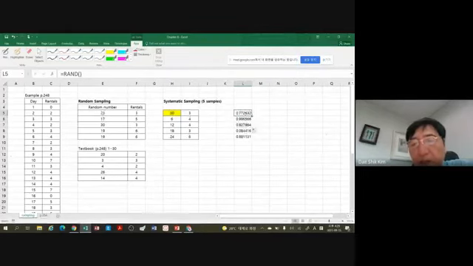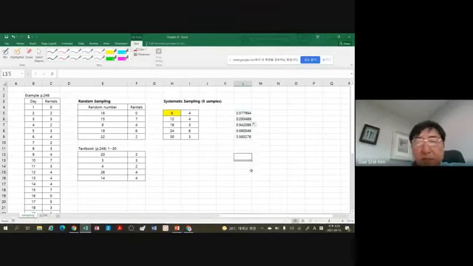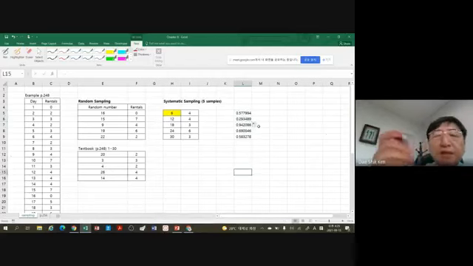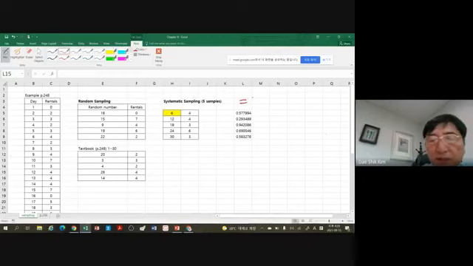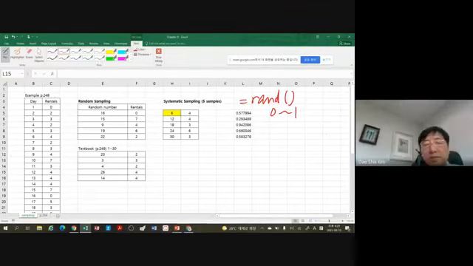If at least one changes, every 5 numbers will change at the same time. One changes, everything changes at the same time. That's RAND, the function RAND, open bracket, closing bracket, which generates random numbers between 0 and 1.